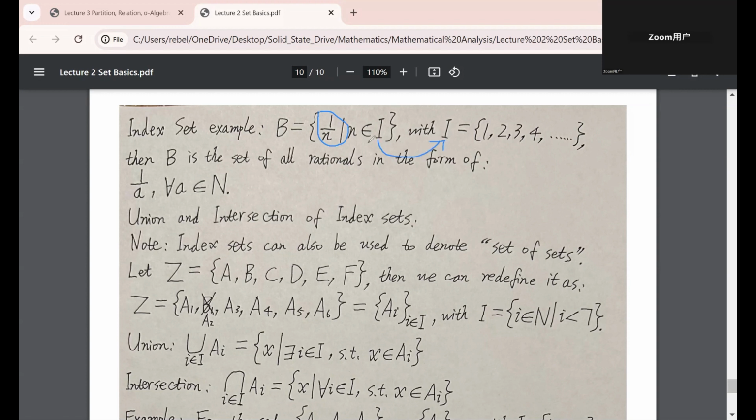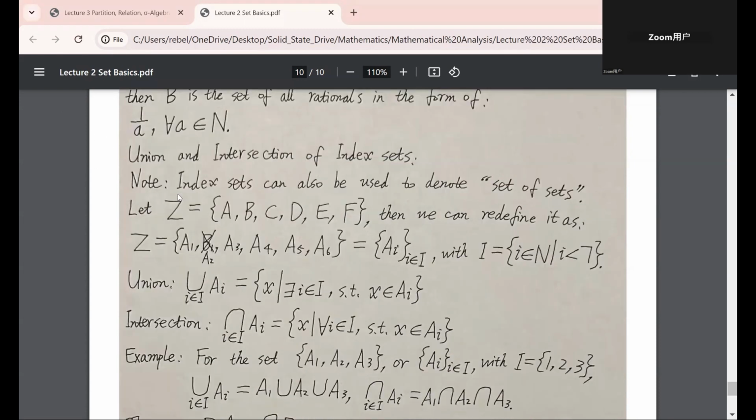So actually they're in the form of 1 over 1, 1 over 2, 1 over 3, 1 over 4, and it goes to infinity because we define I as infinite. So that's the idea of how the index set is used and why it's special compared to the common set.